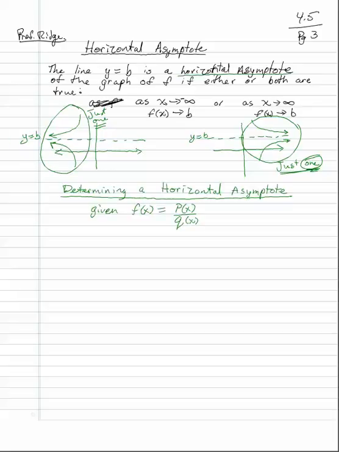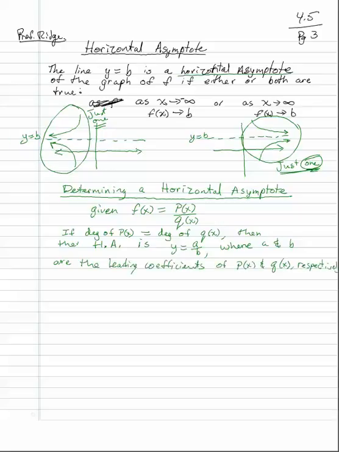Okay, so how do you find horizontal asymptotes? If you have a rational function, f of x equals p of x over q of x, and the degree of p of x, that's the top, equals the degree of q of x, then the horizontal asymptote is y equals a over b, where a and b are the leading coefficients of p of x and q of x respectively.